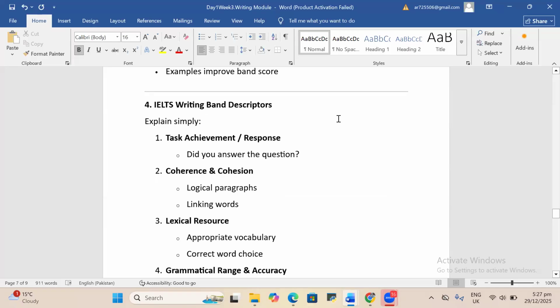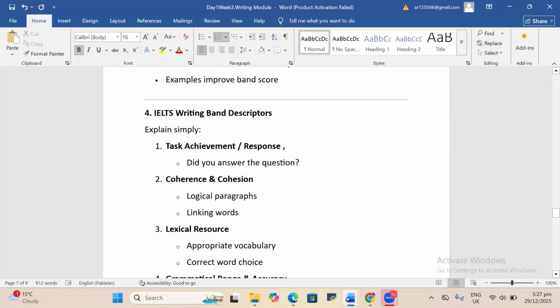Okay. So when you write your essay, how many things should you follow that actually increase your band score? The first one is task achievement, or task response. What does it mean? It means you describe each thing mentioned in your question.